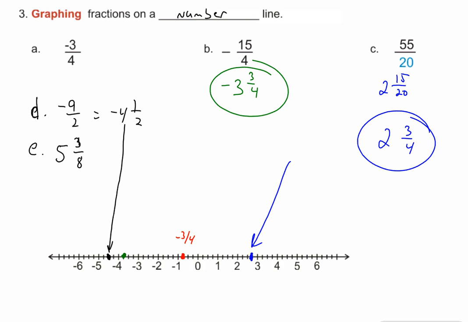Come on up, Mason. 5 3/8. Okay, thank you, sir. Yep. Good. Have a seat.